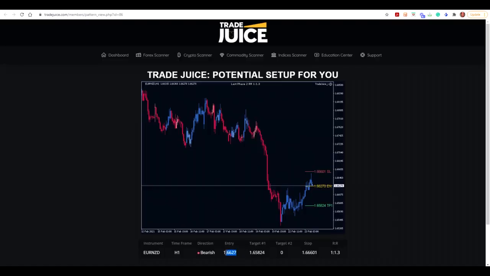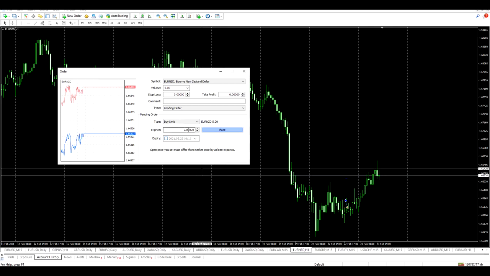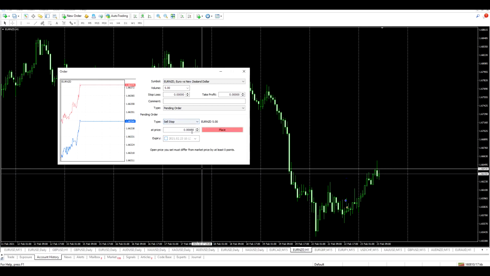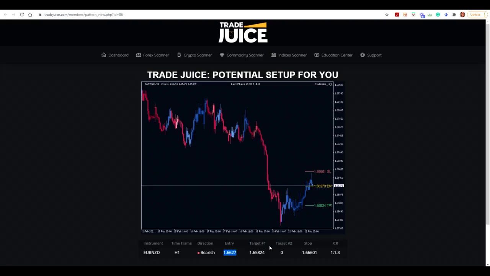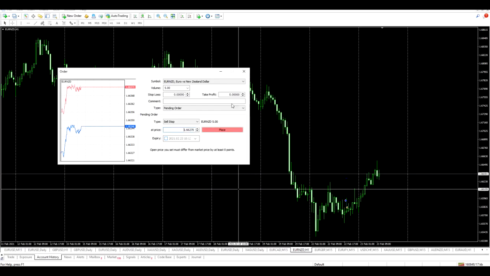So we want to buy. So it's a buy stop. So we just need to copy the entry price. After that, we are just going to copy the target price. Copying to take profit. And finally, the stop loss.